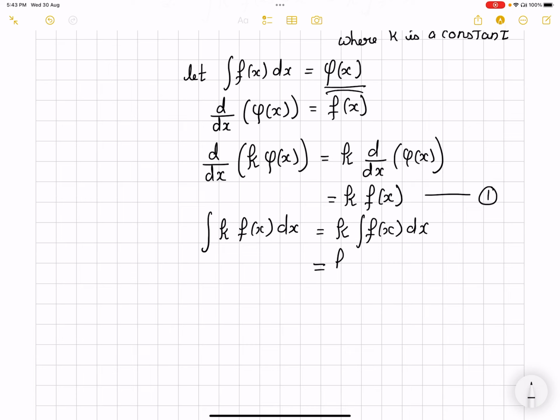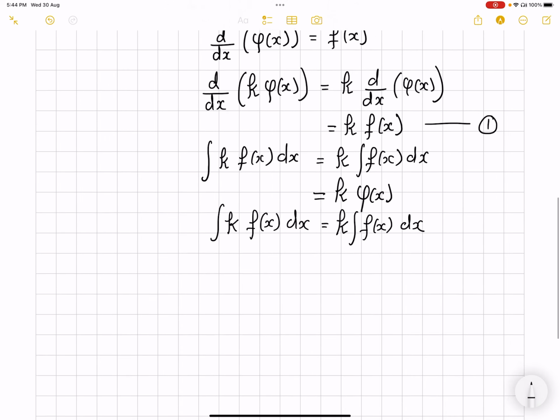So you would be having k times phi of x. That is by the definition, the assumption I made in the beginning. So it's very clear from this, whenever I have a constant along with the gradient, I would take the constant out and then integrate the gradient. This is how we would be doing it. So I think you understood.